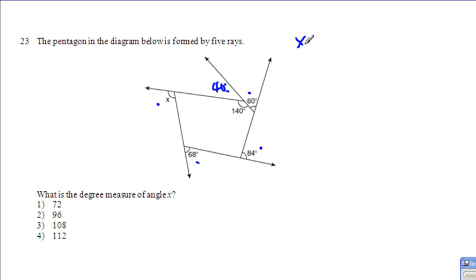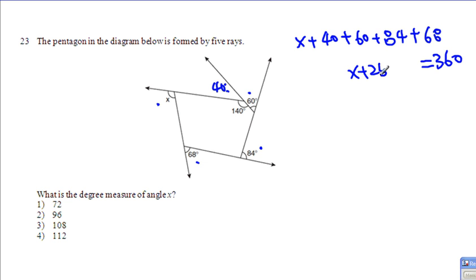And when you add up all the angles, we have x plus 40 plus 60 plus 84 plus 68 must be equal to 360. So here we have 100, 240, 252, x plus 252. Therefore, by subtracting 252 from each side, x will be equal to 108. Therefore, our final answer will be choice 3.